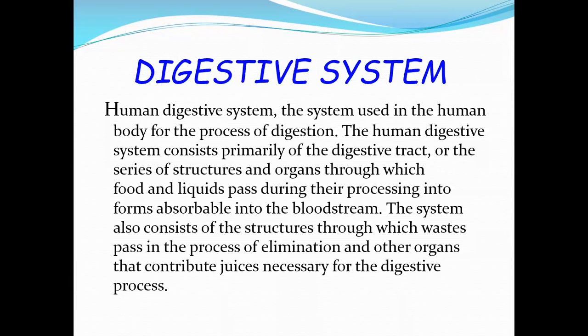The system also consists of the structures through which waste passes in the process of elimination and other organs that contribute juices necessary for the digestive process. Okay, thank you.